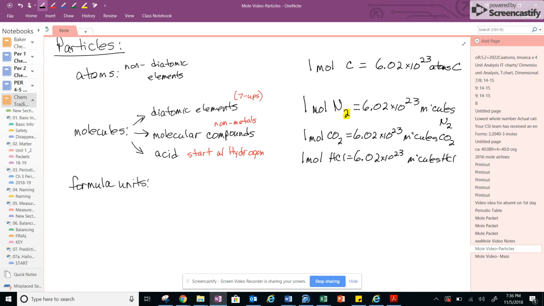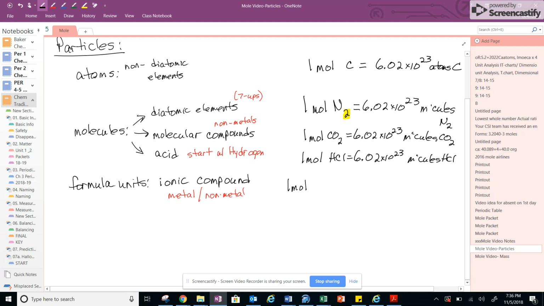So the only type of compound I haven't mentioned yet that we're familiar with is the ionic compound. Quick little review here. On the simplest level, it's going to consist of a metal cation and a non-metal anion. Sometimes polyatomic ions will replace one of those. And so an ionic compound, if I have a mole of it, is going to exist as a formula unit.